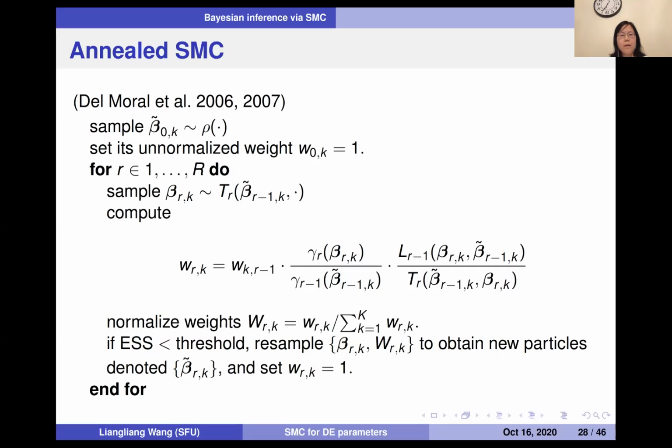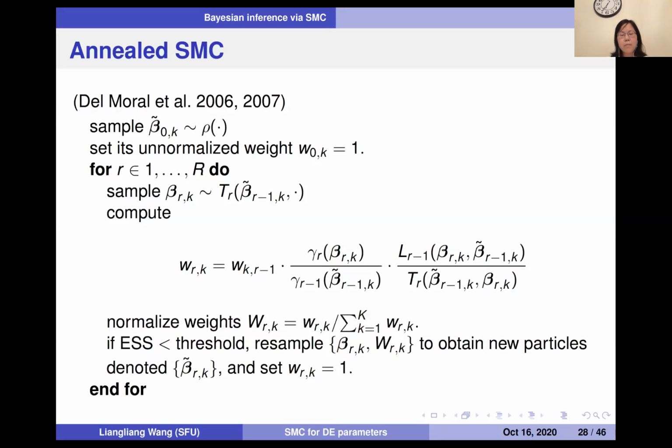We have a set of samples, or particles in the SMC literature. Small k denotes the index for the particle, where k goes from 1 to capital K. We are using these capital K particles to approximate our intermediate distributions at each iteration.